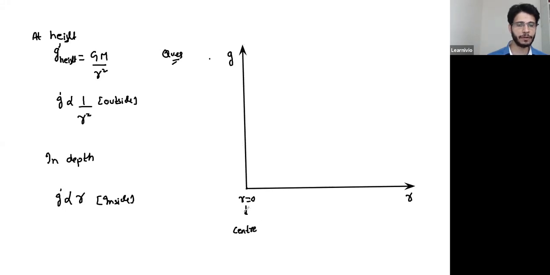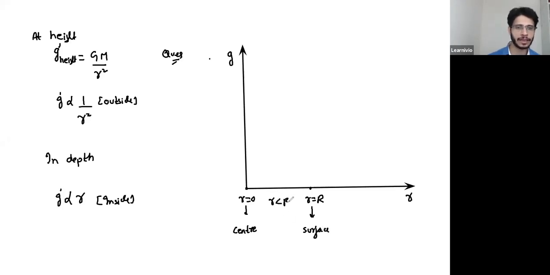By the way, what is the value of g at the center of Earth, Rania? What's the value of acceleration due to gravity at the center of Earth? We did it just now. Yes, it's 0. Very good. Then r equal to capital R, where capital R is the radius of Earth. This means this point lies on the surface.